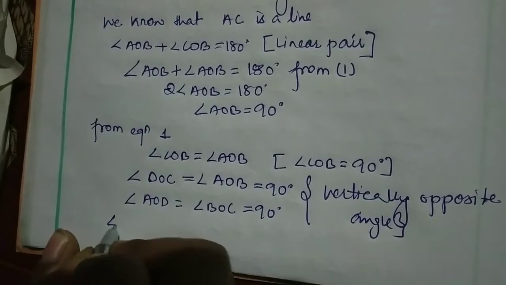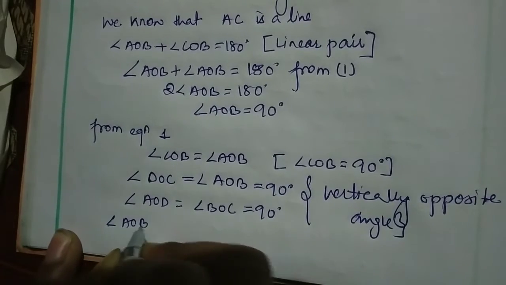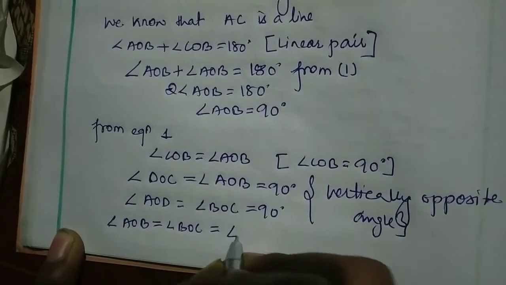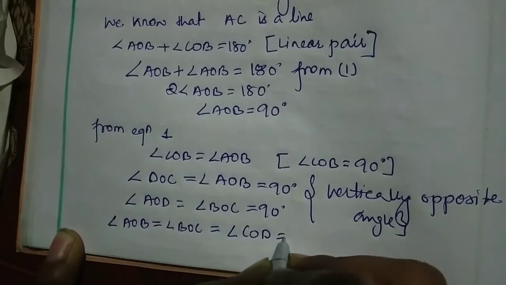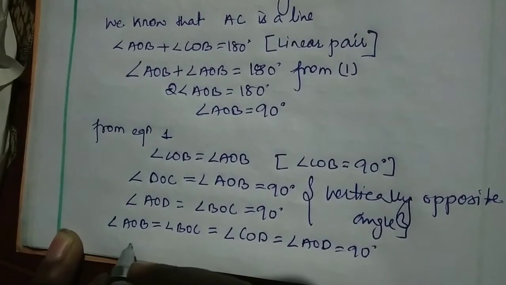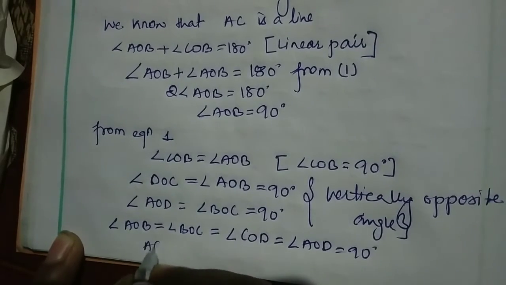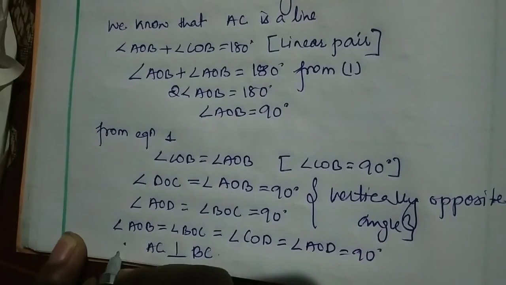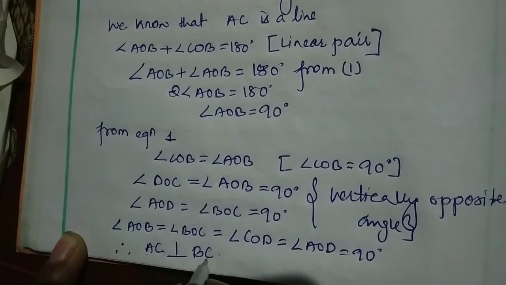So angle AOB equals angle BOC equals angle COD equals angle AOD equals 90 degrees. So AC is perpendicular to BD.